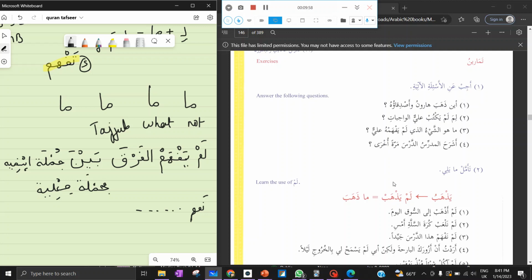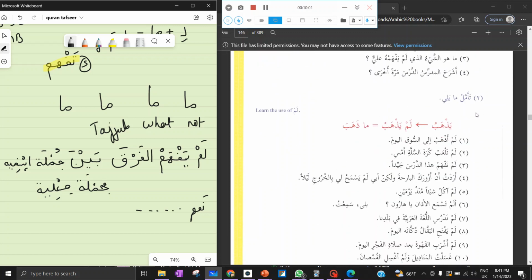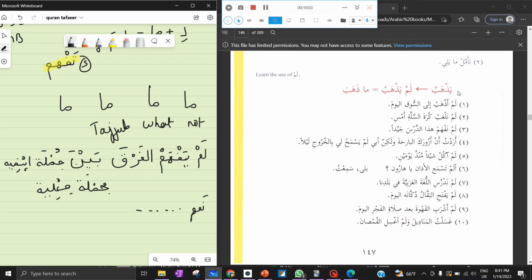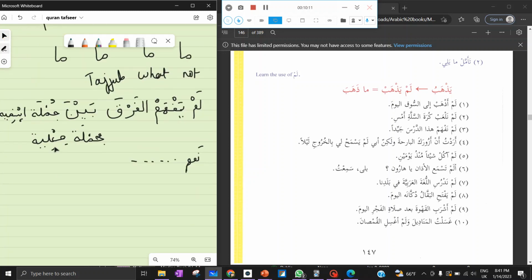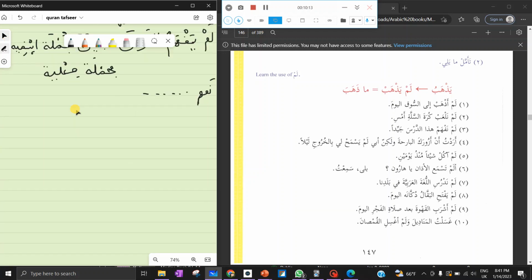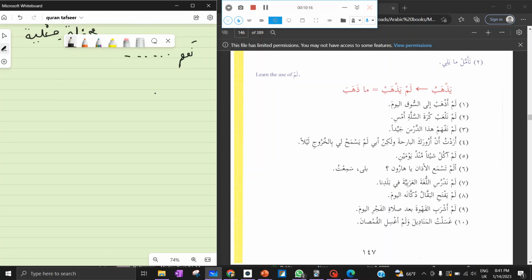So now we come to the exercise 2 is Tamil Mayali. Dhahaba, yadhabu. يذهب is a positive fail mudare. You will see no tools or particles before it, preceding it. يذهب is a positive present tense, that means he goes.